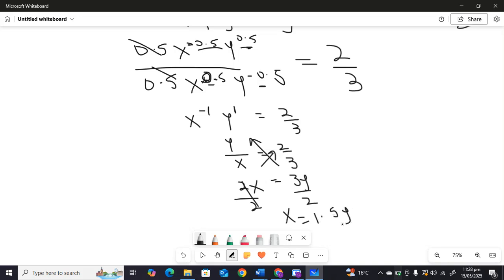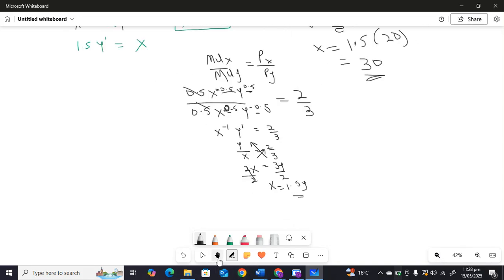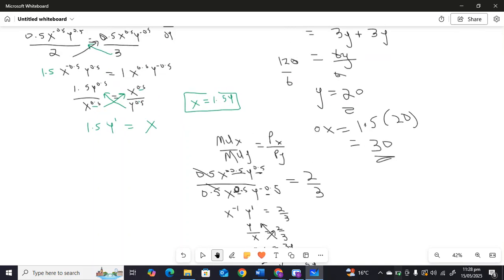So x equals 1.5y. And if you remember earlier in our question, that's the one we found here. x equals 1.5y. And that will help us get our optimal bundle, because when you substitute this back into the budget constraint equation, you get these bundles: 20 units of y, 30 units of x.